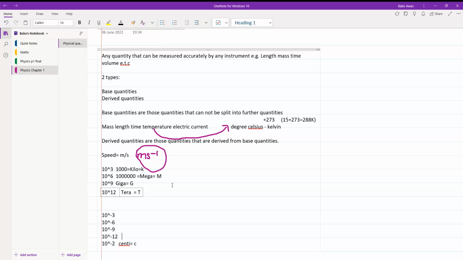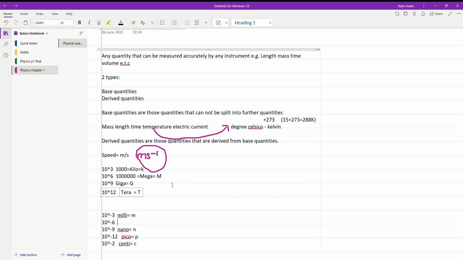Then 10 power minus 12 is pico, and you can write it as a capital P. Then 10 power minus 9 is nano, and you can write it as a small n. 10 power minus 3 is milli, and you can write it as a small m.